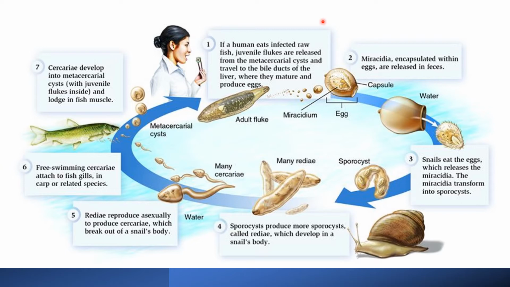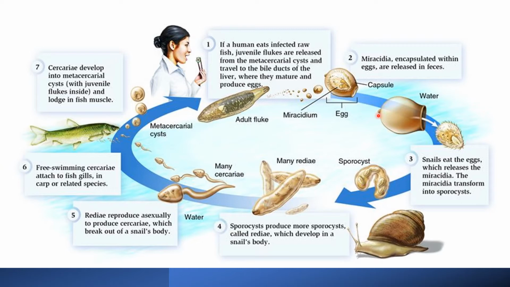For those eggs which are not embryonated, they first mature in water and then hatch to release miracidia. And then the eggs which are embryonated when laid but tend to hatch only on ingestion by a suitable snail.